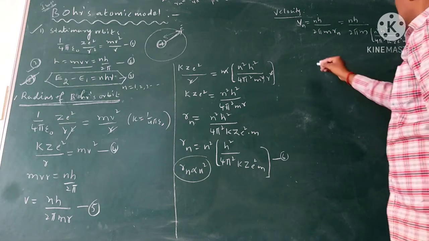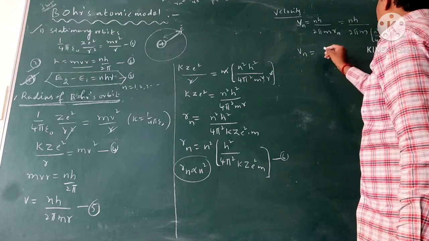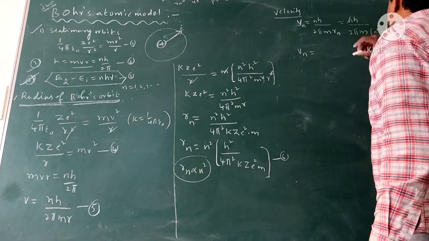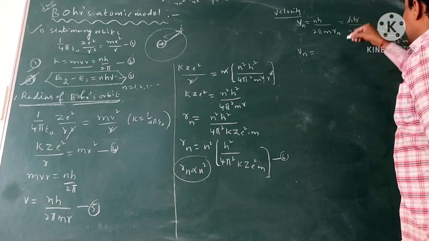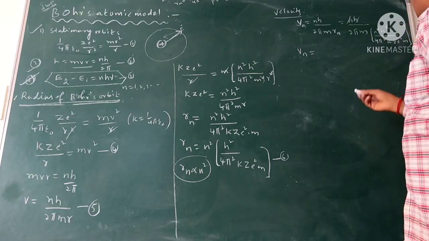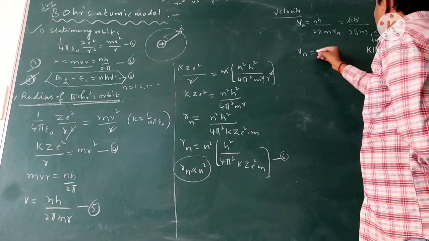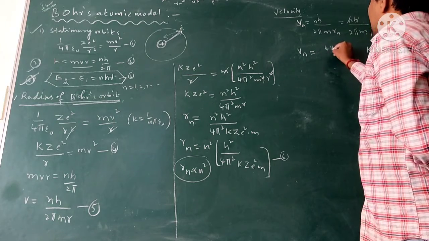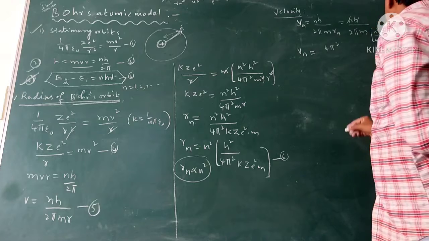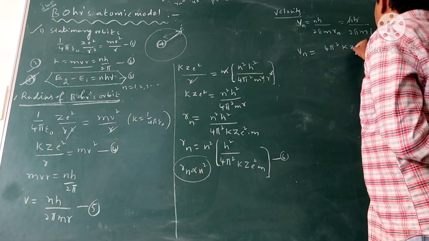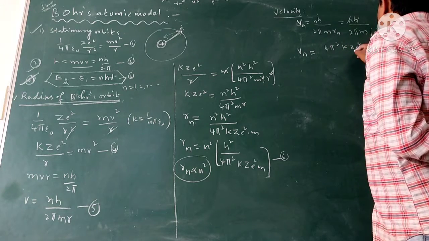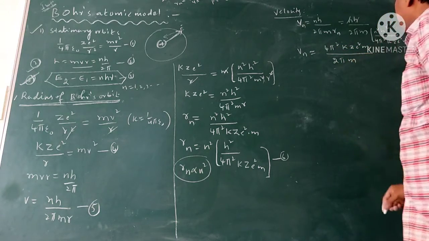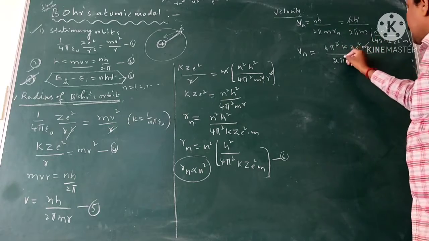Okay, so now vn is equal to, n and h get cancelled here. Now that is equal to 4 pi square k z e square m by 2 pi m. So m gets cancelled, pi gets cancelled.